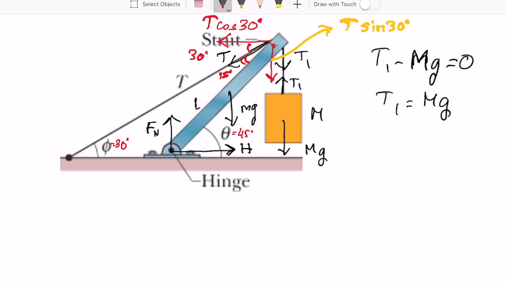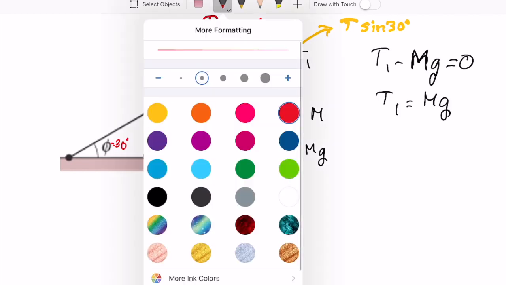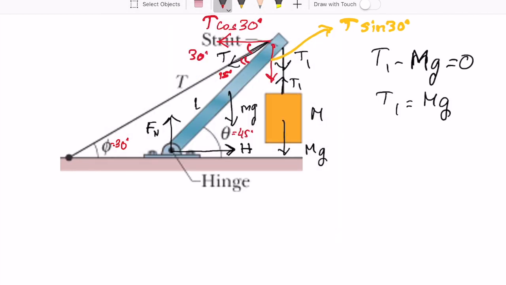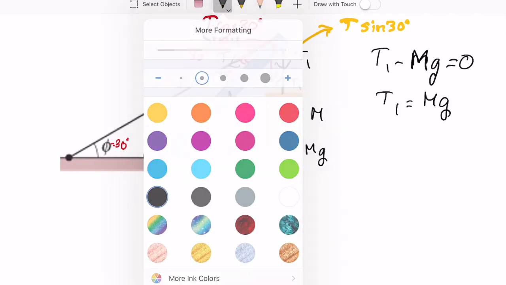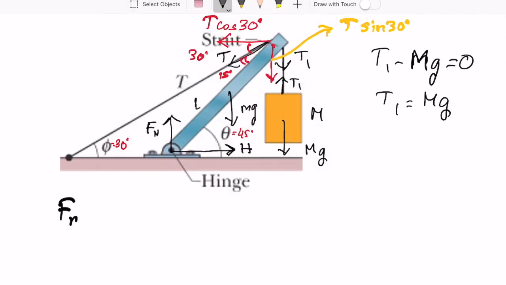All right. Okay, so now it's time to apply F net equals 0. Let's apply F net equals 0, and we are going to do that along the x direction and along the y direction.